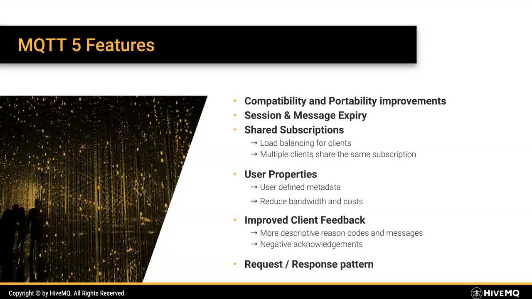Now they are, which makes it easier to implement very lightweight clients, which is especially important if you're going for more embedded applications. Then there's also session and message expiry. Pretty simple, messages and sessions can expire and the client can specify when.